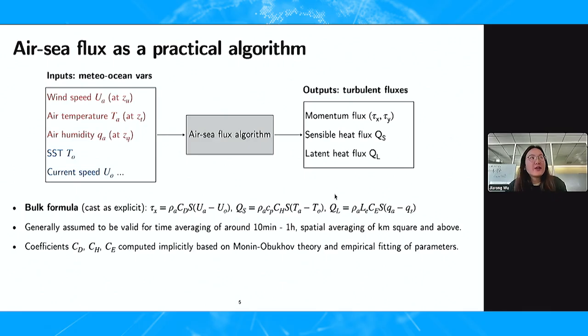So one of the main motivations for this work is that since these parameters are empirically fitted, could we learn directly from these observational data and extract a purely data-driven flux algorithm?